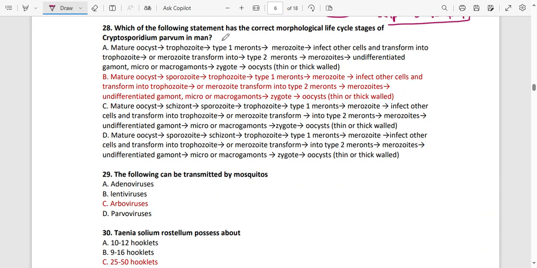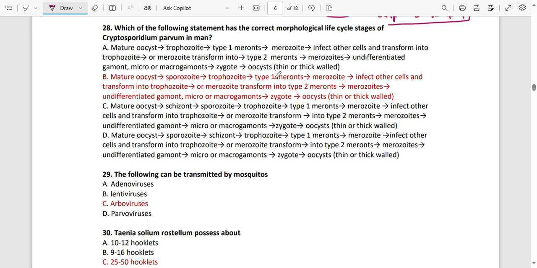Which of the following has the correct morphological life stages of Cryptosporidium parvum? Now, we already did describe the life cycle of Crypto, isn't it? Mature oocyst is taken, it releases the sporozoites. Sporozoites are going to convert into trophozoites.